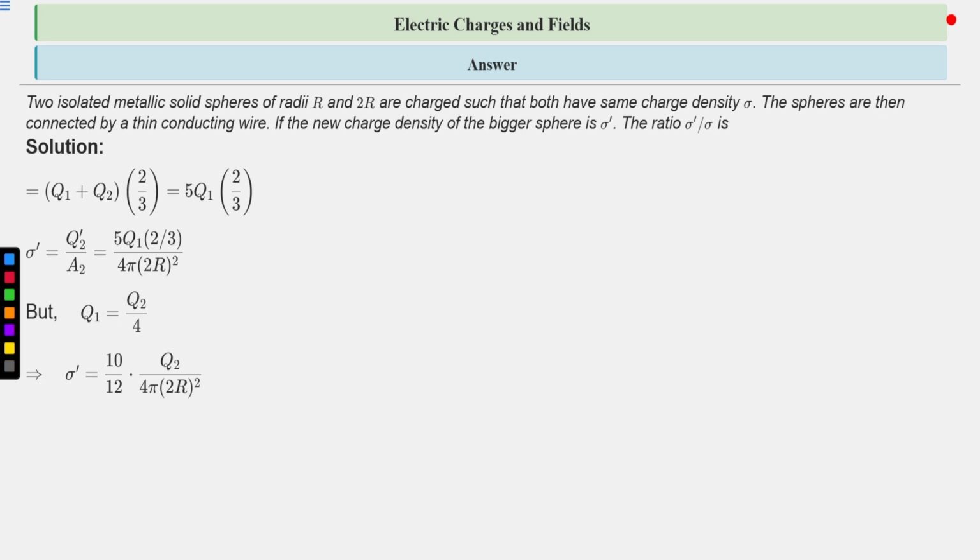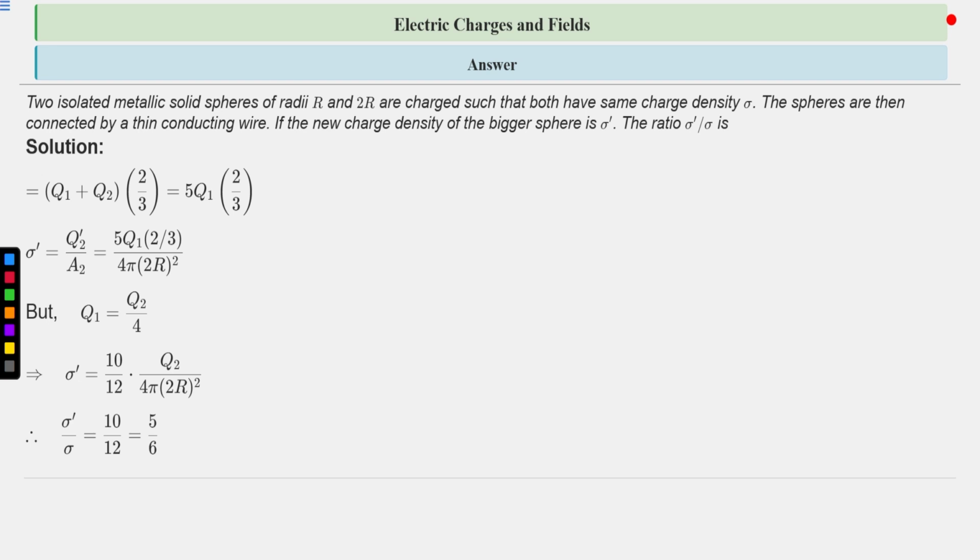Now we can see Q2 by 4 pi (2R) whole square is the surface charge density of the bigger sphere before the transfer of charge, before connecting it to the other sphere by the thin conducting wire. Q2 by 4 pi (2R) square is the initial surface charge density of the bigger sphere, and sigma prime is 10 by 12 into Q2 by 4 pi (2R) square, which eventually becomes sigma prime by sigma.